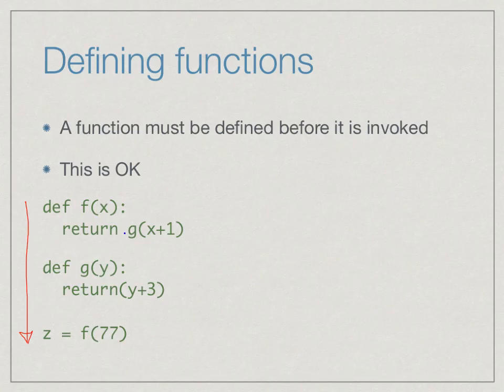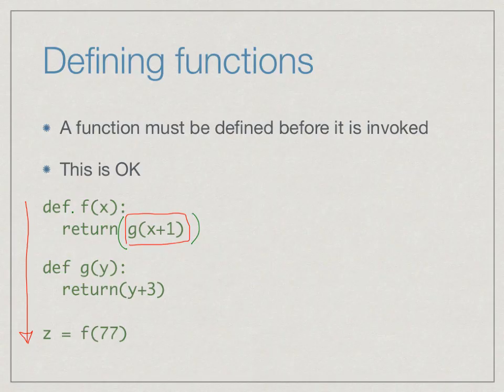And notice that this definition of f has an invocation to g, which is actually defined later. But when reading the definition of f, g is not used. It's only remembered that this statement, which should be in a bracket by the way, just to be consistent, should be computed if I call f. So it's not calling f, it's just defining f.